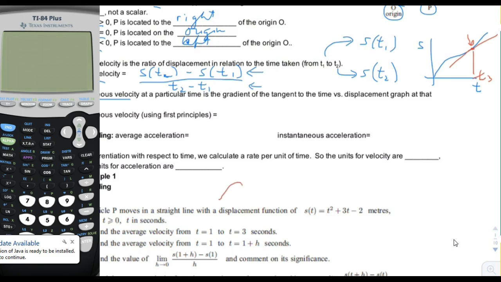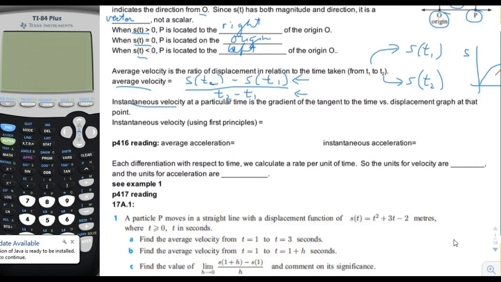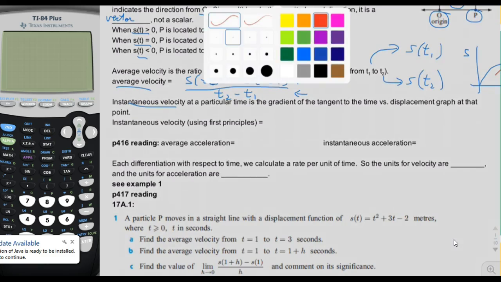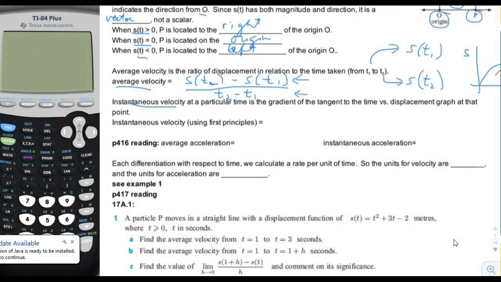Okay? So, the instantaneous velocity, using first principles which we learned when we first learned about differentiation, tells us that we take the second displacement minus the first displacement and divide by the second time minus the first time.